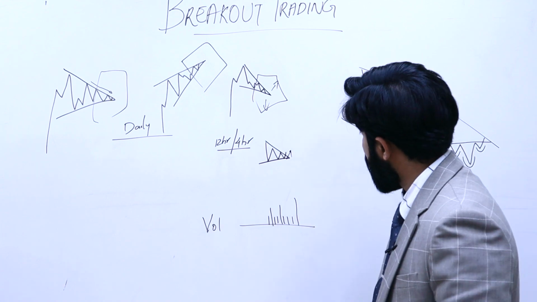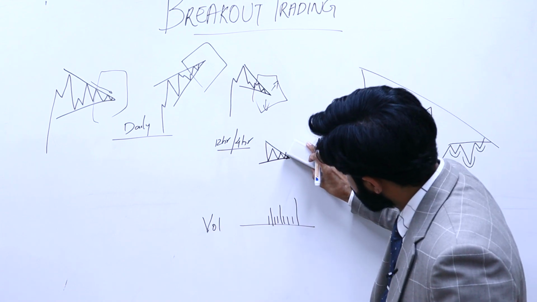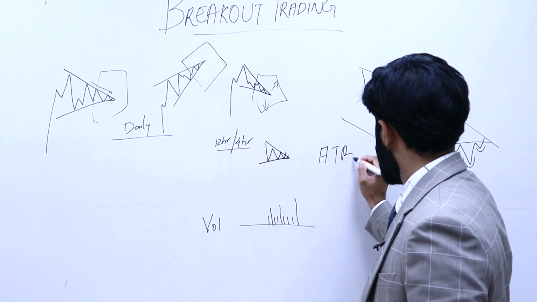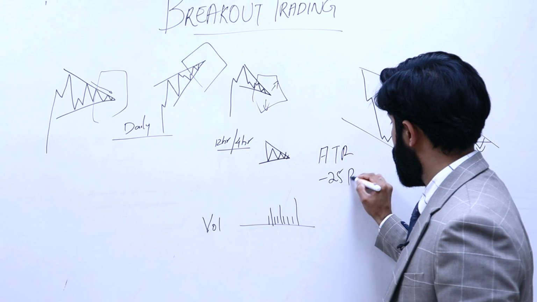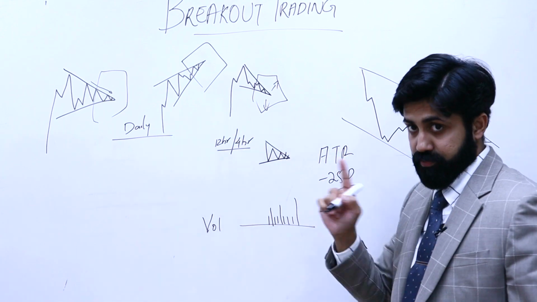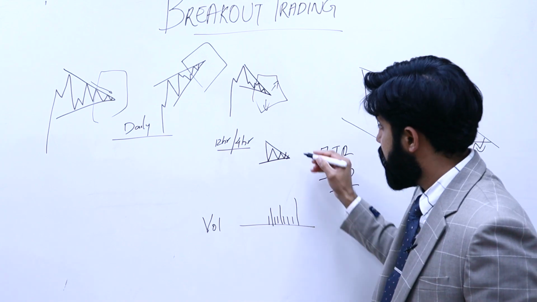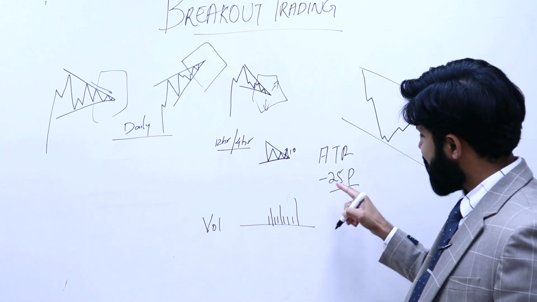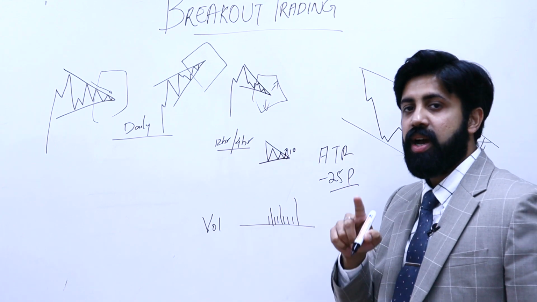Say if that breakout is like this, say for example your average true range is 25 points for this particular asset on a daily, and you get a 10-point higher breakout. That's actually a weak breakout.